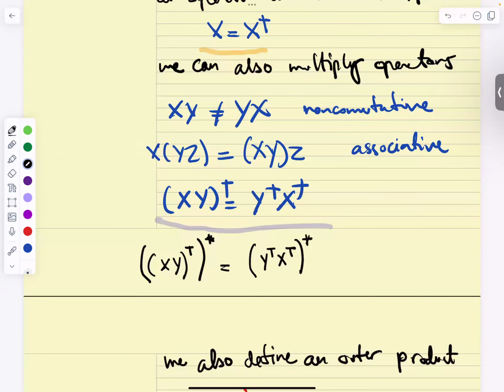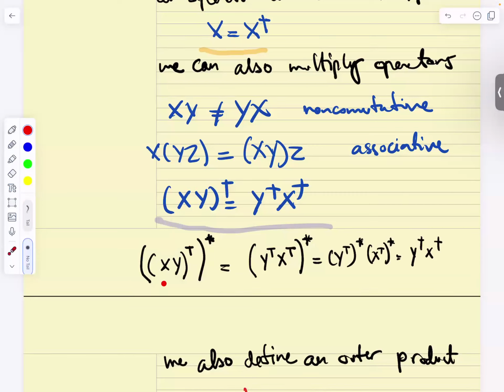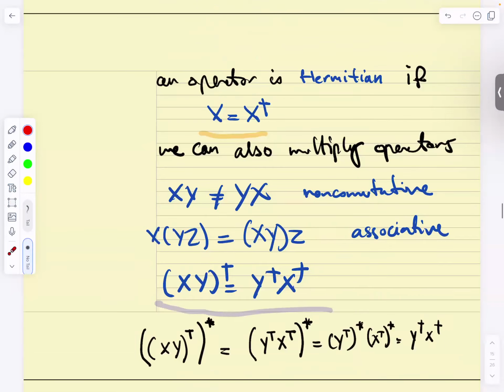You could also see that you could bring the complex conjugation inside. Therefore, this is Y dagger X dagger. If you want, you just write down matrix multiplication and do the transpose term by term. You see that because these are linear operations. This is precisely the content of linear algebra. These nice operations hold. Any questions?